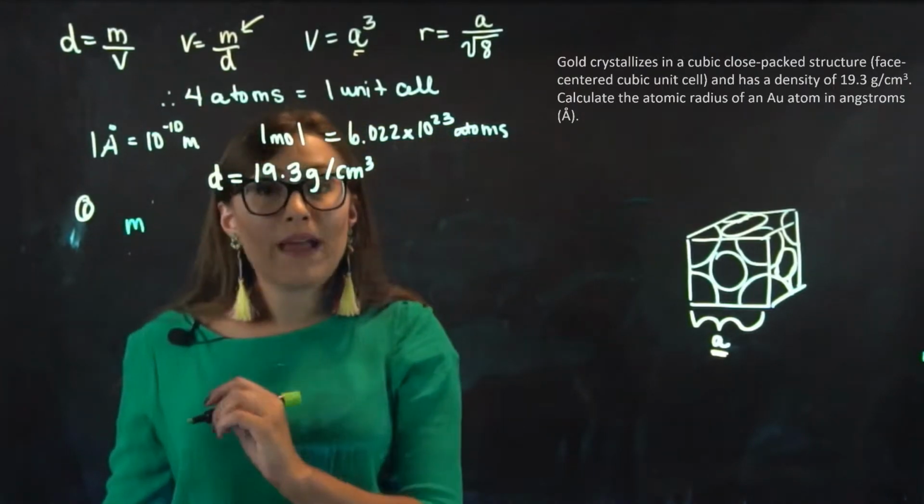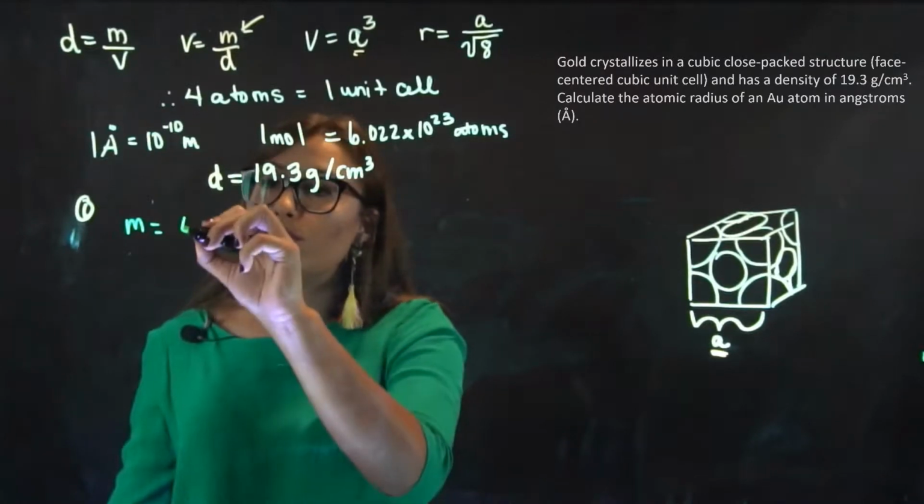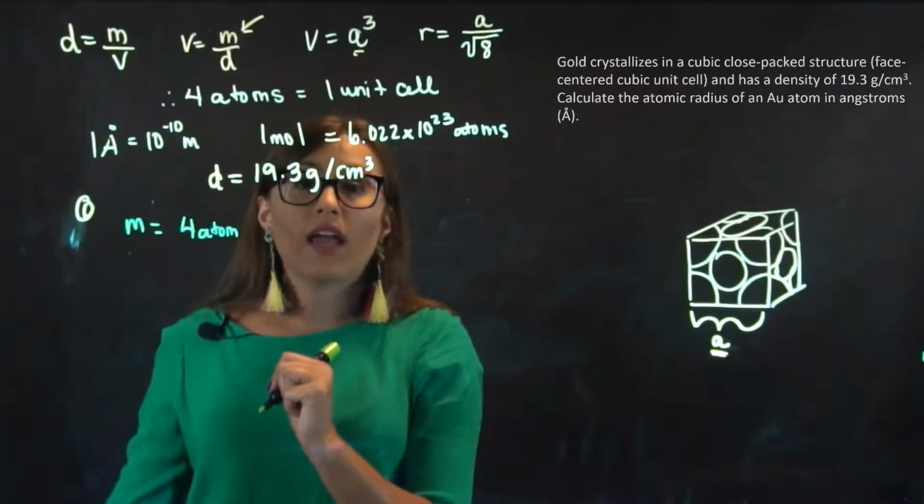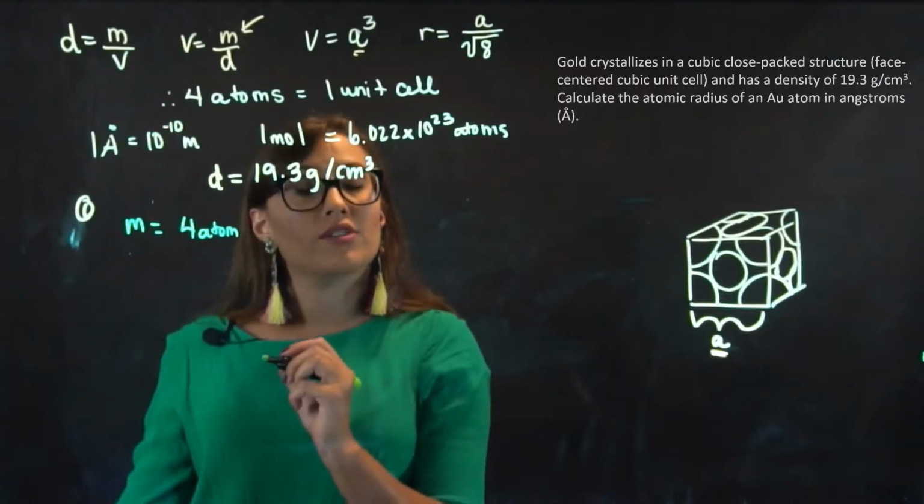So in order to find mass, we know mass will be equal to 4 atoms, because you have 4 atoms to a face-centered unit cell.